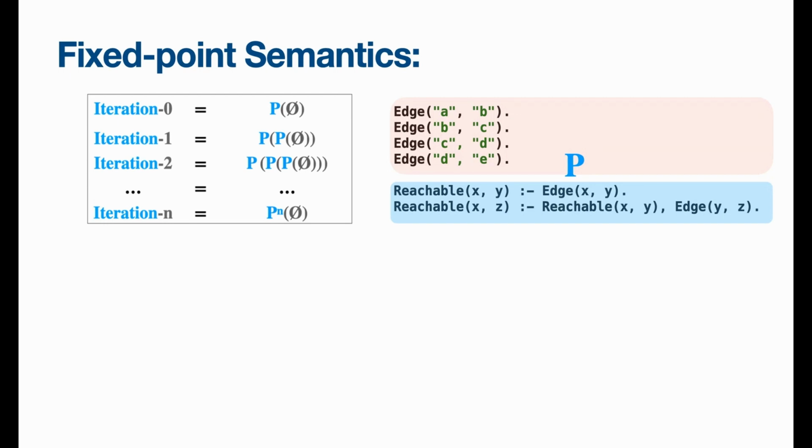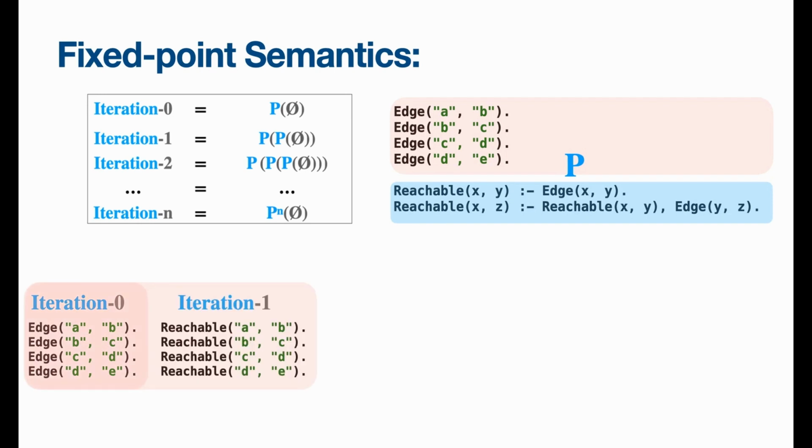Over here, basically how you compute the output is you start off initially with just your input, that is your initial facts. From these facts, you now apply the inference rules to generate new facts. So this is iteration 0. You start with this and apply the inference rules.